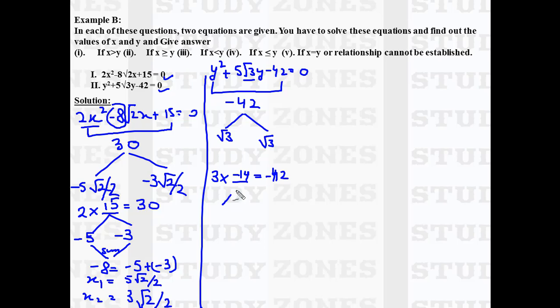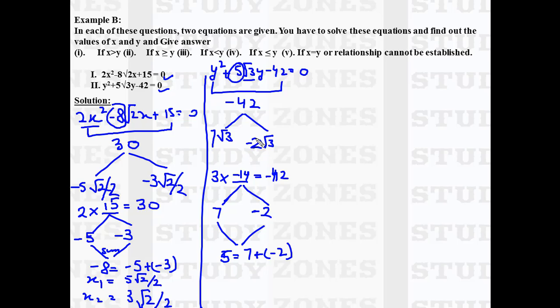Now factorize 14 into 2, that is 7 2s are 14, and their sum should give you 5. So 5 equals 7 plus minus 2. Now to get minus 14, one of these terms should be negative. The negative term, from here we can see, is minus 2. Now just write 7 with this root 3 and minus 2 with this one.